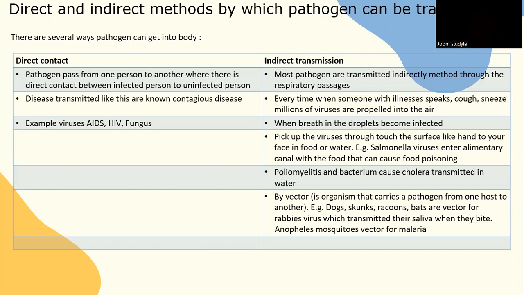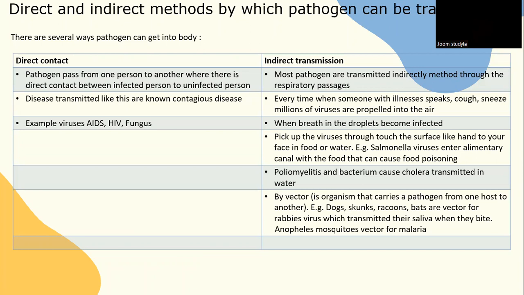Indirect transmission: most pathogens are transmitted indirectly through the respiratory passages. Every time someone who is ill speaks, coughs or sneezes, millions of viruses are propelled into the air. So when a person breathes in, the droplets can infect them. You can also pick up the pathogens by touching surfaces, then touching your face, the food or water.